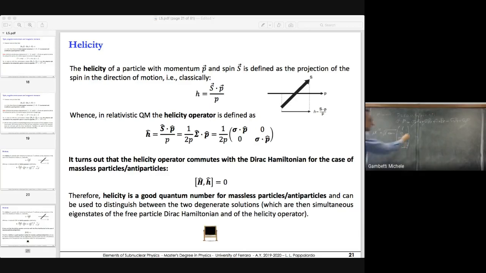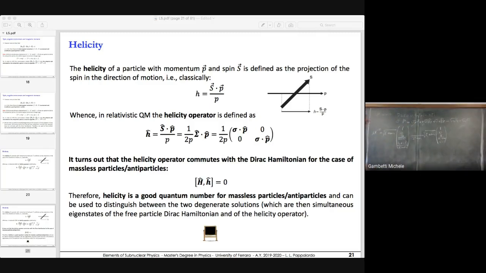Now we force the momentum to be only along Z, and so this reduces to the root of E plus M, 1, 0, Pz divided by E plus M. And now Px and Py are 0, so we get the 0 here.